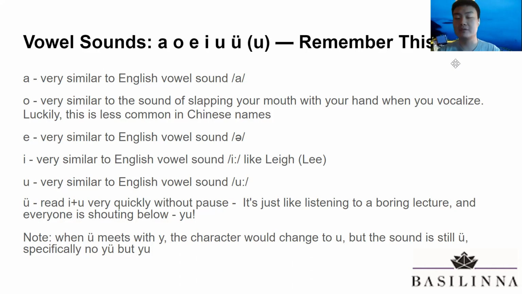So let me give an example to help you better pronounce this yu. Just like you are listening to a very boring lecture, and everyone hopes this person gets off the lecture, and so we will say yu.